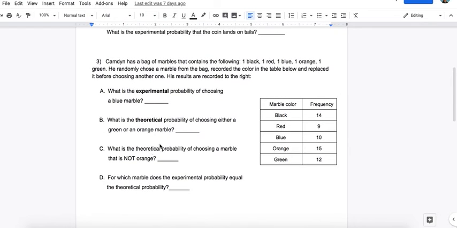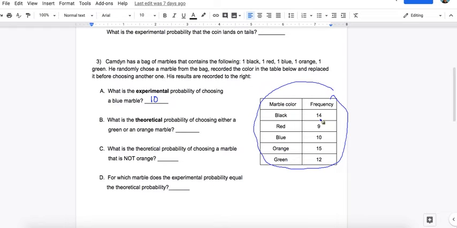Okay, number 3, Camden has a bag of marbles. You already did this problem, so I'm not going to read everything to you. It says, what is the experimental probability of choosing a blue marble? So this is what's in the bag, so that's the theoretical. This right here is the experimental. So I got to look at the chart for the experimental. So blue is 10 out of, I don't know how many times they did it.